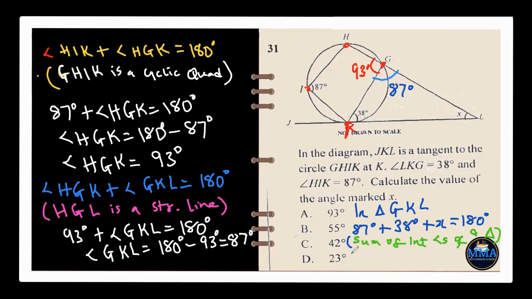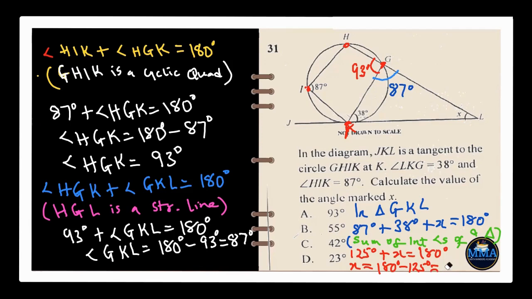So we have 125 degrees plus S equals 180 degrees. So S is 180 degrees minus 125 degrees, and that gives us 55 degrees.